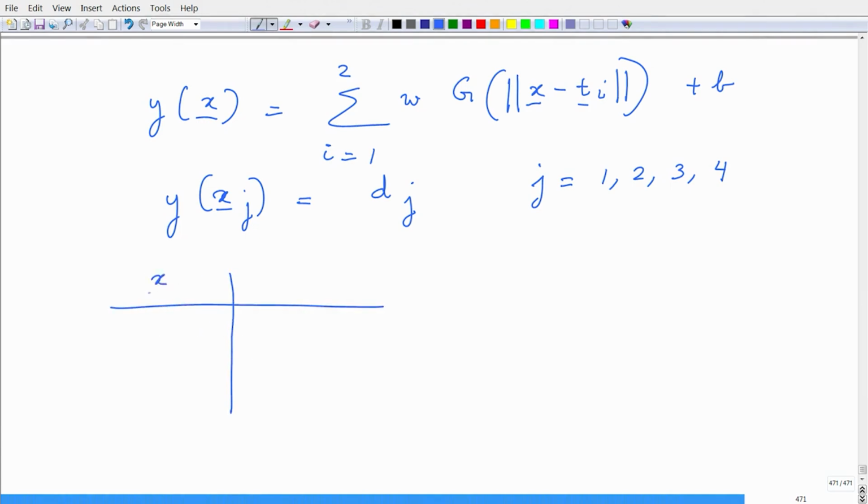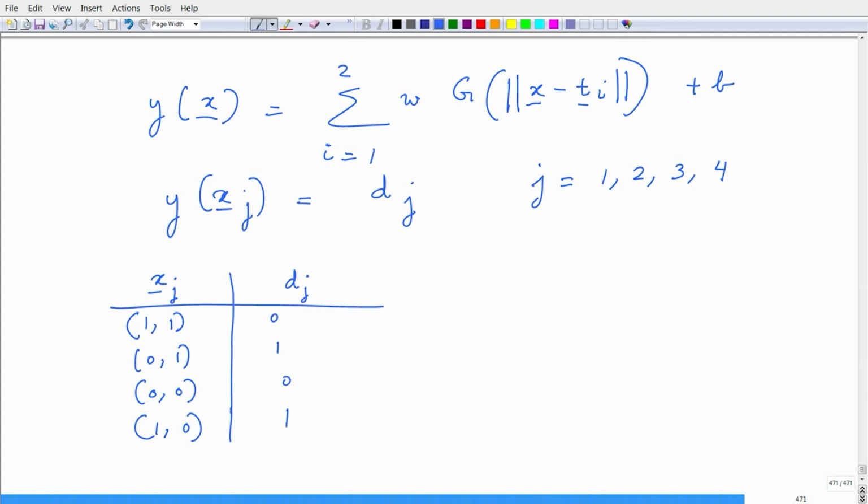This is my data vector xj and I have my desired dj: the points are (1, 1), (0, 1), (0, 0) and then (1, 0). My desired outputs are 0, 1, 0, 1.